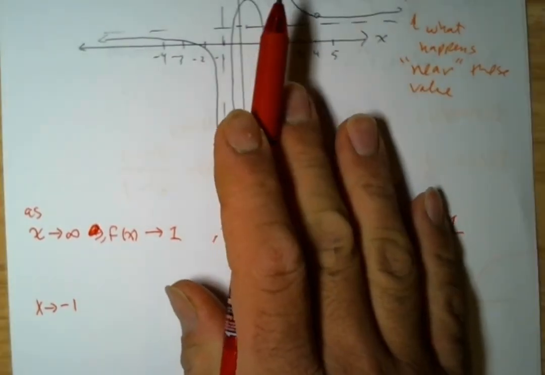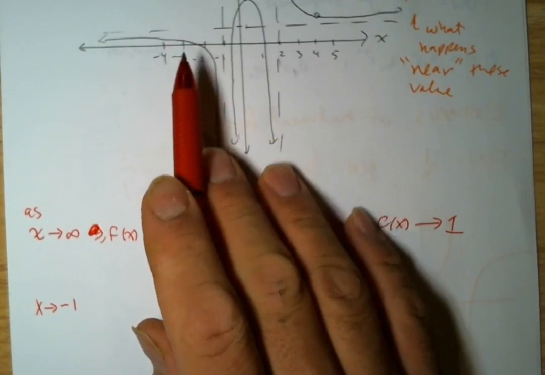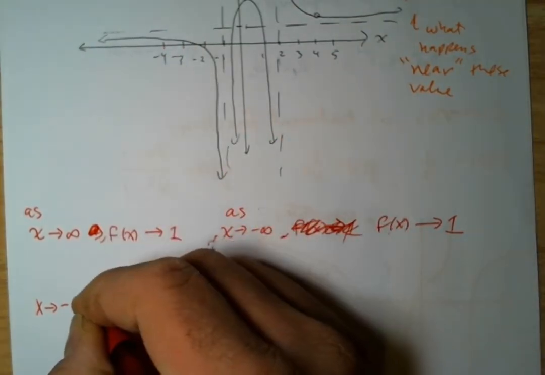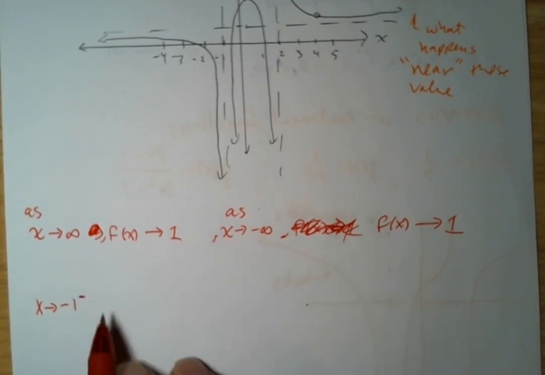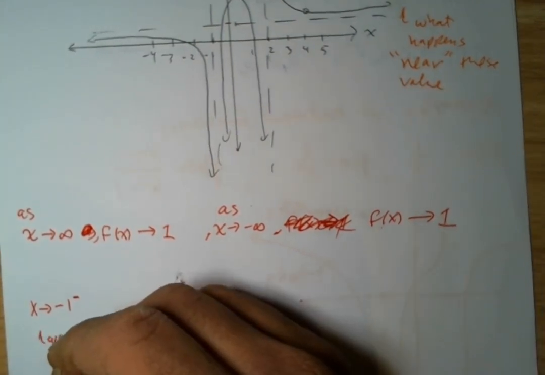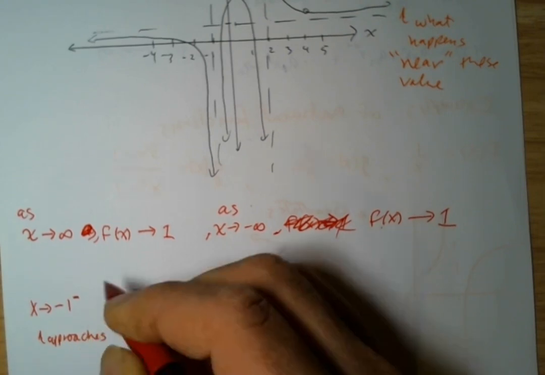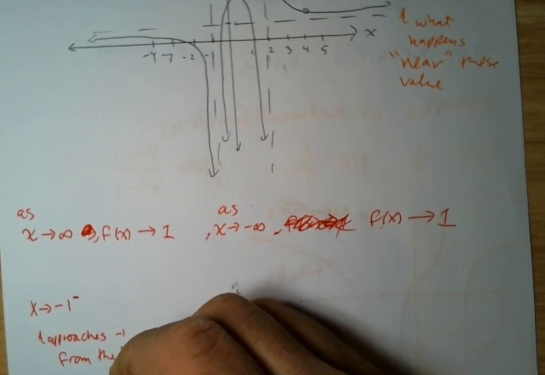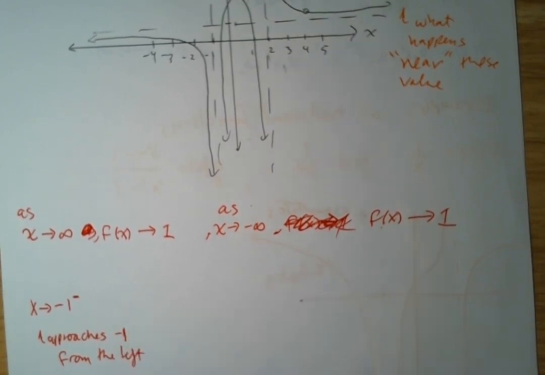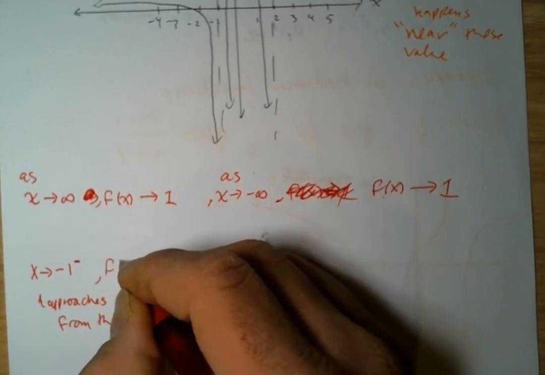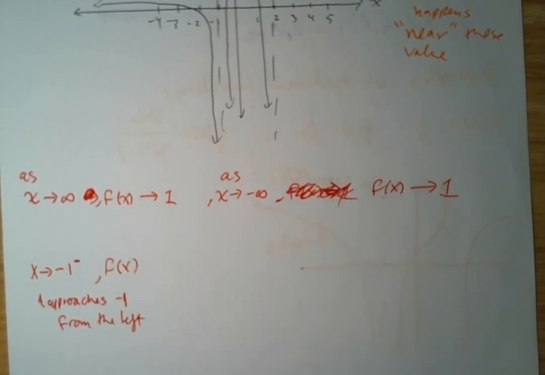Am I coming from the right side or the left side? If I'm approaching from the left side, I'll do this one first. I'm going to use almost like an exponent of a negative sign to show that x approaches -1 from the left. And I want to figure out what happens to the function f of x.